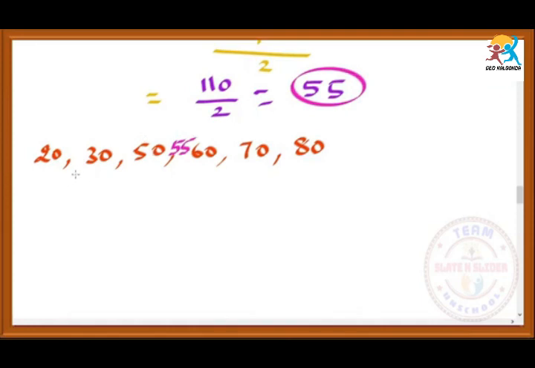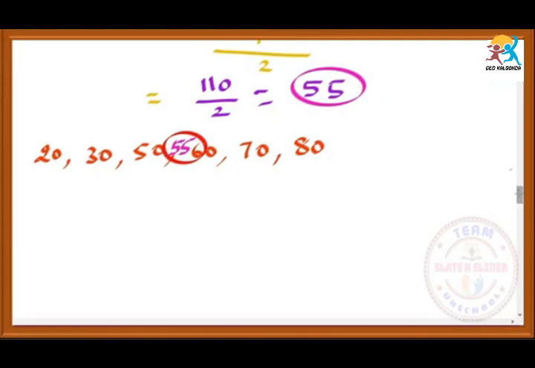Just observe. Don't feel it has the fourth term. I am just counting from left to right and right to left. 55 should be in the middle. So check: first, second, third, fourth. Yes. And from the right side also 55 is the middle term. Check once. Is it correct or not? First, second, third, fourth. So like this we have to find.